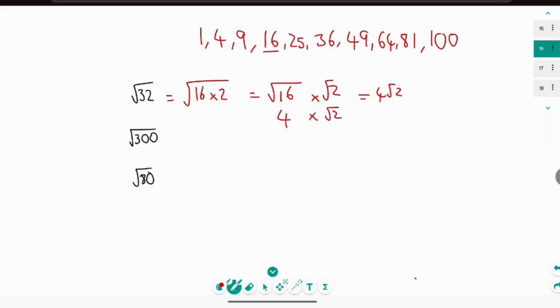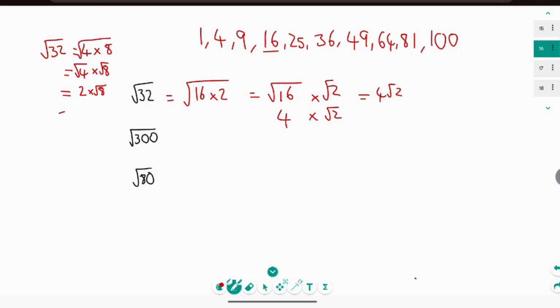Now, what would have happened if you had used 4? Let me just show you over here. Because 4 is a factor of 32, right? It's just not the highest common factor, so you can have some more steps to look at. 4 times 8. Right, so this would give you 2 root 8, but root 8 isn't simplified.